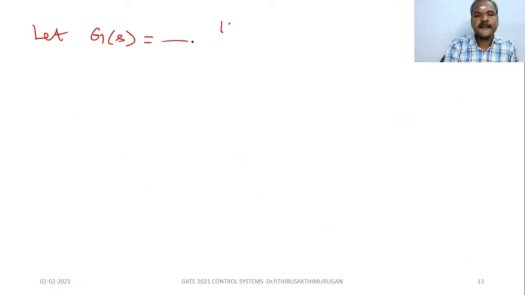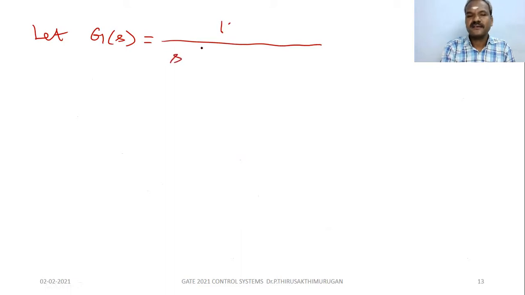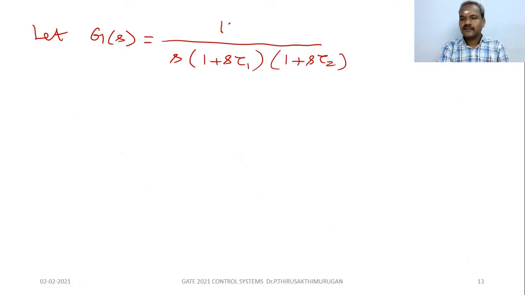Say let G(s) equal to K times 1 divided by s into (1 plus s tau 1), clear? (1 plus s tau 2). So what is the phase crossover frequency and gain crossover frequency?